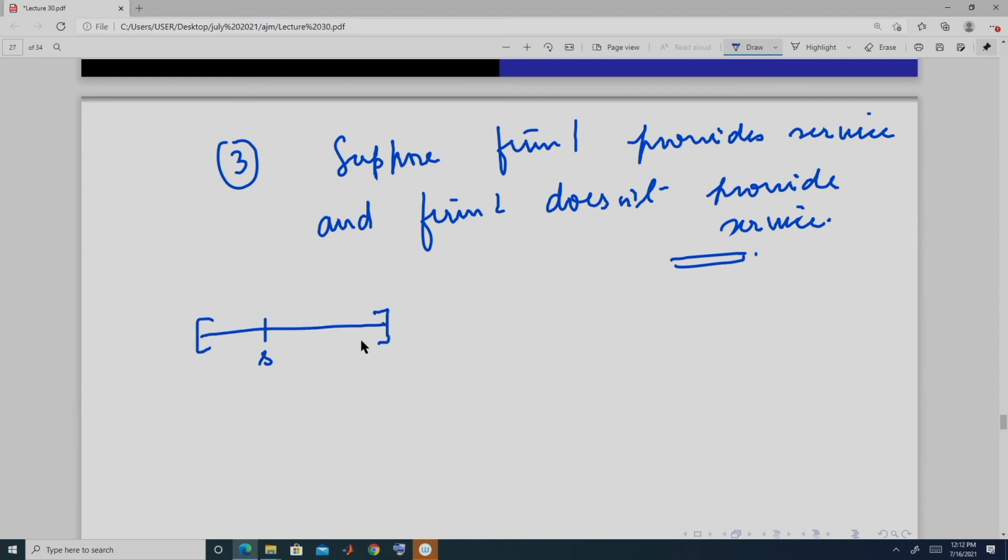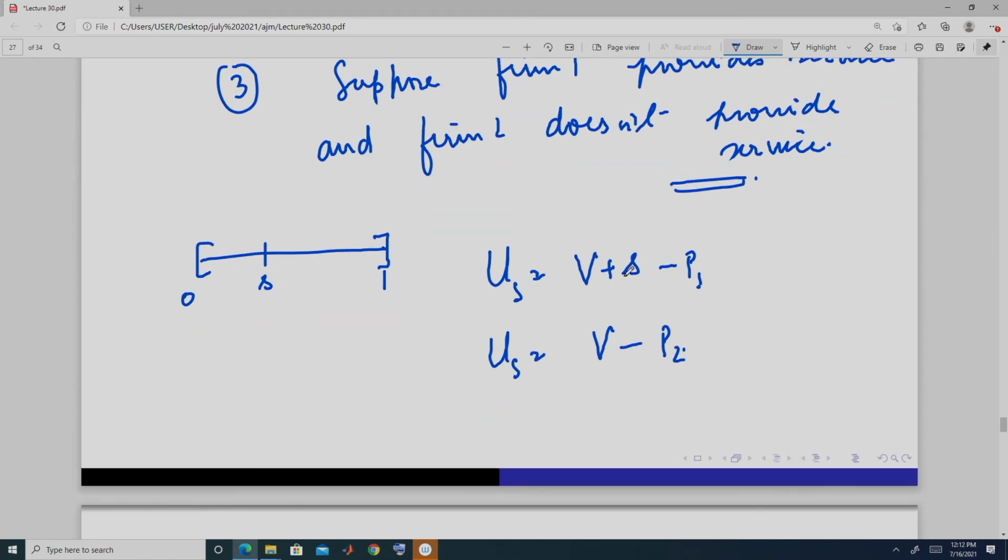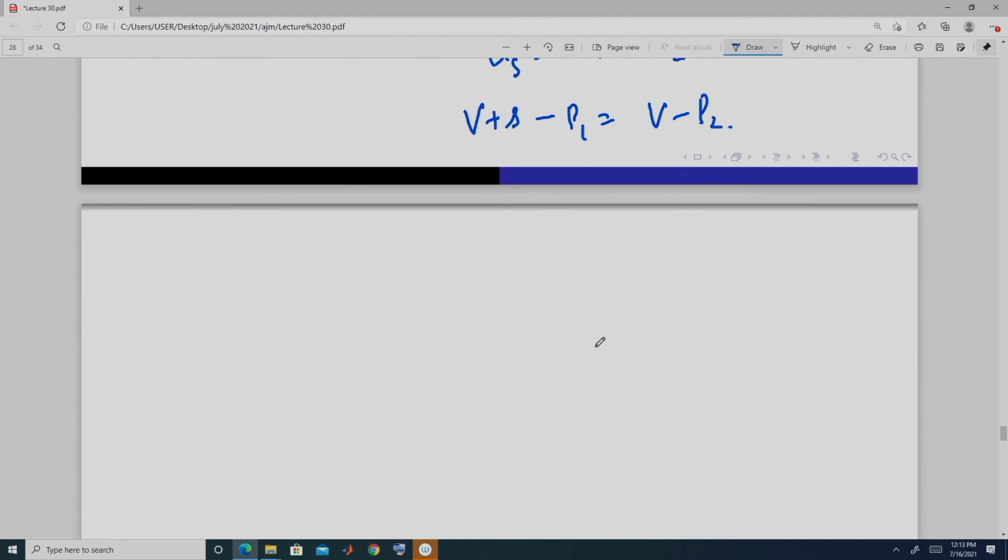Suppose consumer S. Utility of consumer S is V plus A minus P1 if it buys from firm 1, and utility is this minus this if it buys from firm 2, because it does not get the service, while here it gets service. So, from this, these two valuations are not the same. So, now the prices of firm 1 and firm 2 can be different. How can they be different? See, we can find a value of S such that the utility is equal to that from P2.